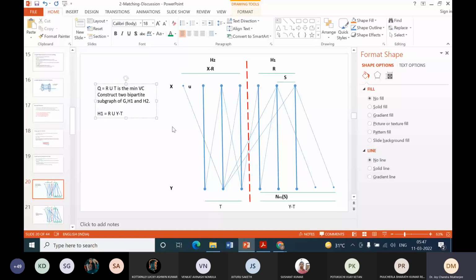Similarly, H2 is created as T union X minus R.